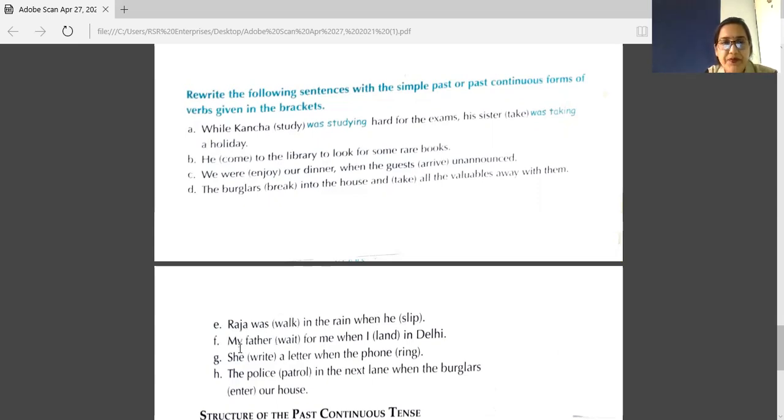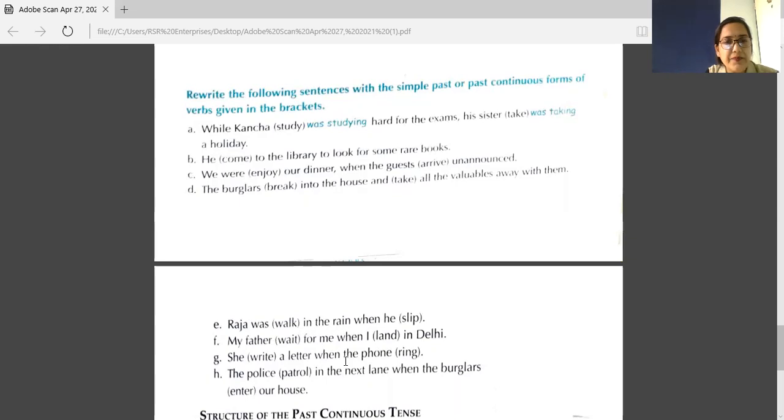Sentence number F. My father dash for me when I dash in Delhi. The answer is my father was waiting for me when I landed in Delhi.